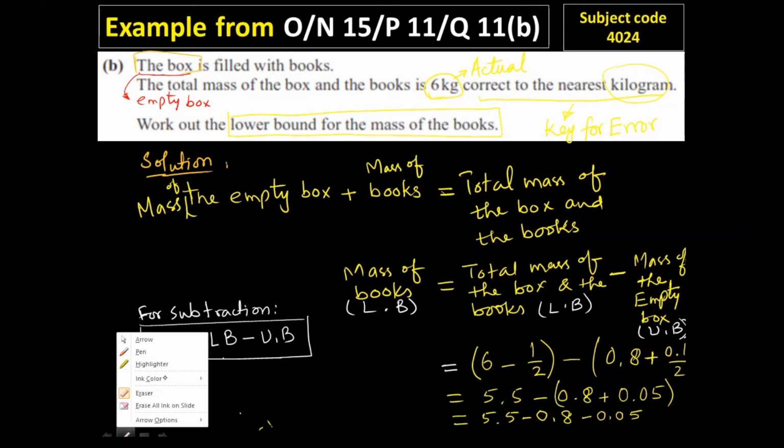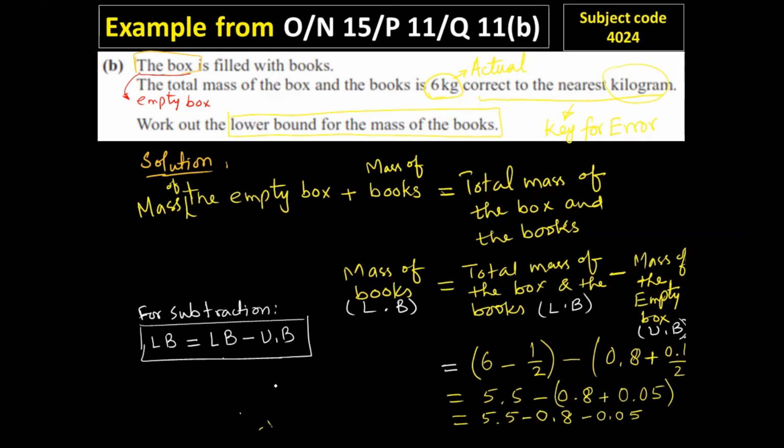You can add or subtract without a calculator. Now 5.5 minus 0.8 is 4.7.